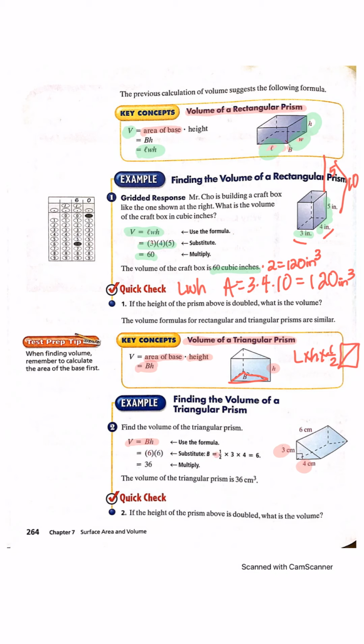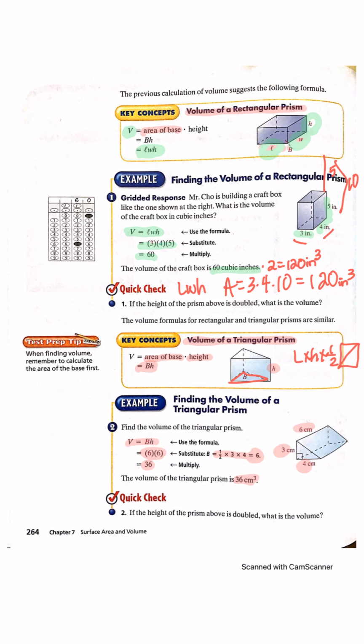Divide by 2, or times 1/2. So that's going to equal 6. So now we have that base is 6 times the height is 6. 6 times 6 is 36. The volume of the triangular prism is 36 centimeters cubed.